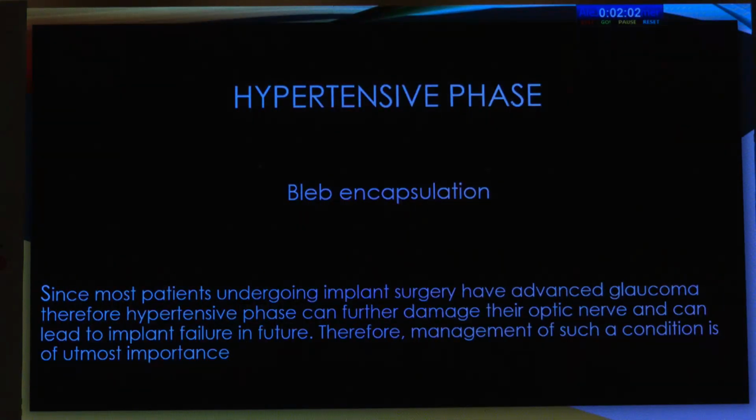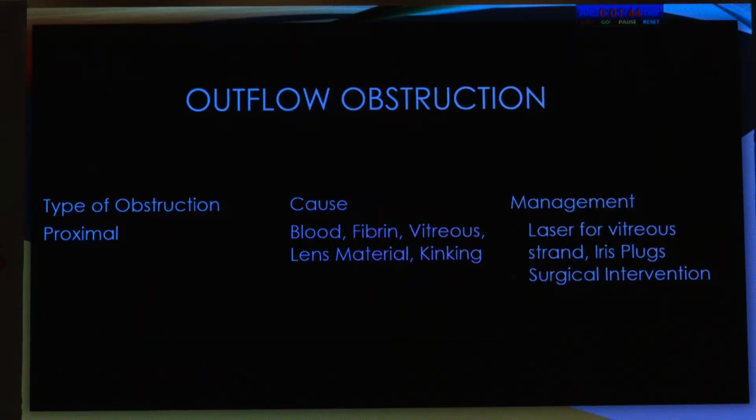Another aspect is the hypertensive phase, which is seen due to bleb encapsulation. We are worried about the hypertensive phase because it can lead to further loss of vision, as these patients already have quite advanced glaucoma. Before we label a patient as hypertensive, we have to rule out outflow obstruction, which could be because of blood, fibrin, vitreous, lens material, or kinking.